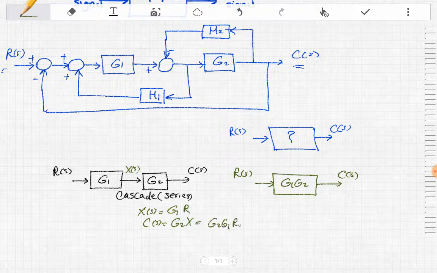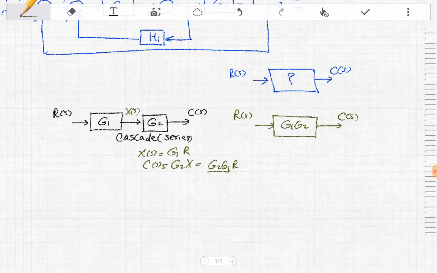G1 R. So C equals G2 G1 R. That's the way you can find the equivalent block diagram. So always don't guess, just work it out. Do you understand this one?